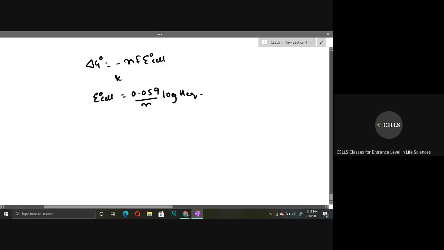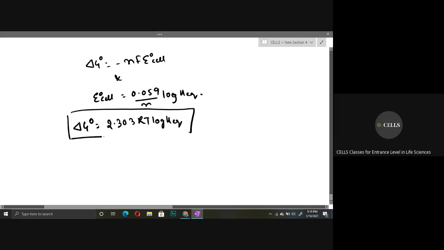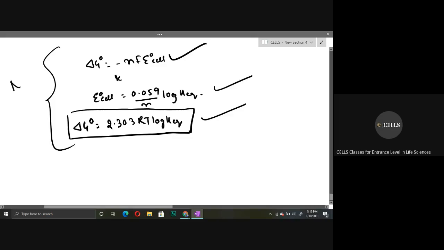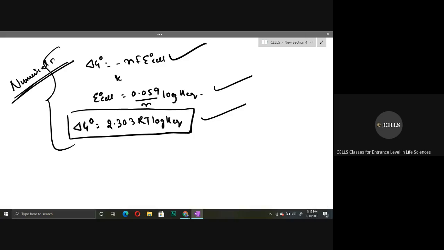If you combine these two equations, you get delta G0 equals minus 2.303 RT log K equilibrium. So these three equations are really important for your numericals. They can ask questions from these three equations: delta G0 equals minus nFE0 cell, E0 cell equals 0.059 by n log K equilibrium, and delta G0 equals minus 2.303 RT log K equilibrium.